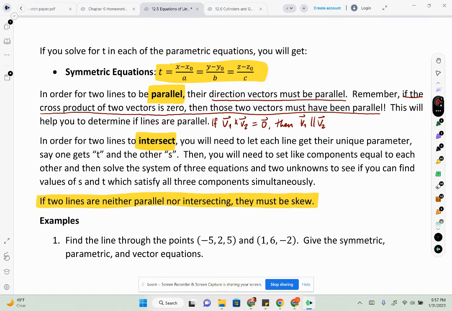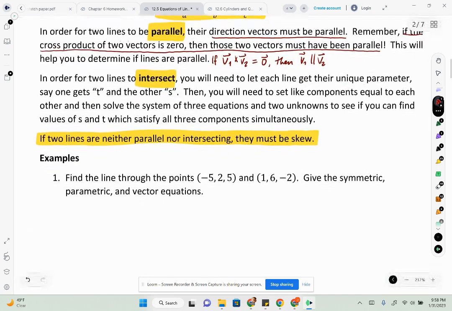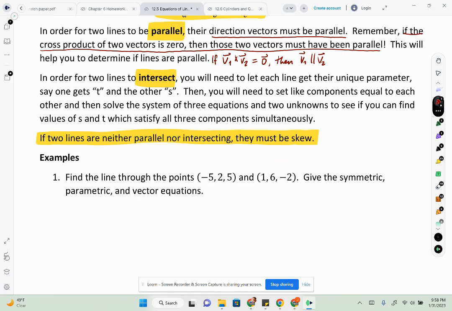But if I cannot find a unique set of t and s values that satisfy all 3 components, then the lines do not intersect. And at that point, if we have neither parallel nor intersecting, then they must be skew. Okay? So we'll work through an example on that because that is a bit confusing. For now, let's get started on some problems.